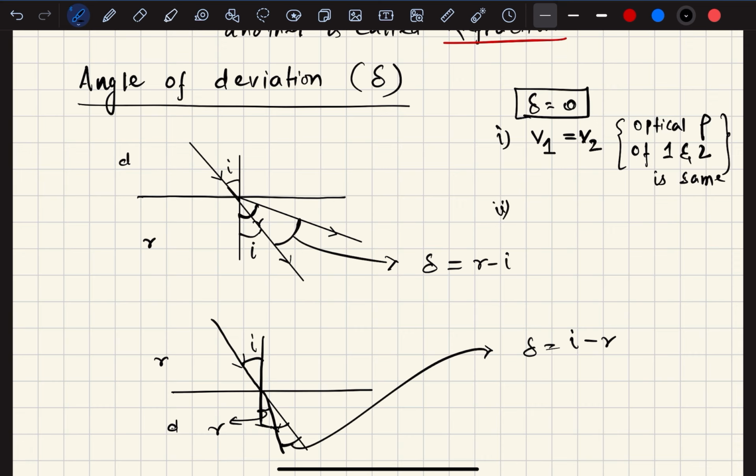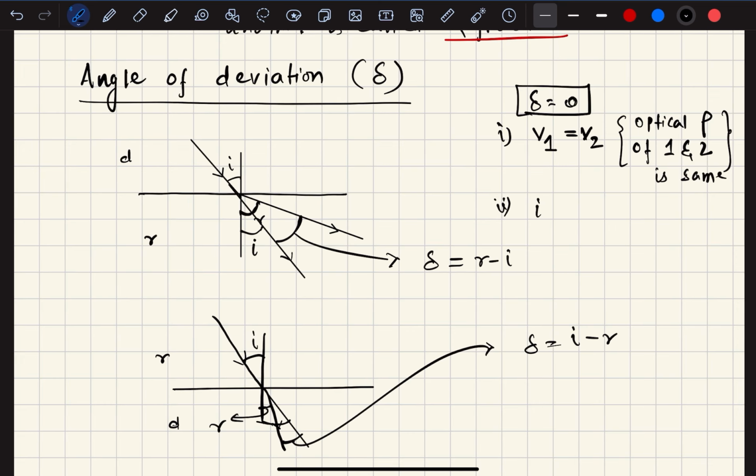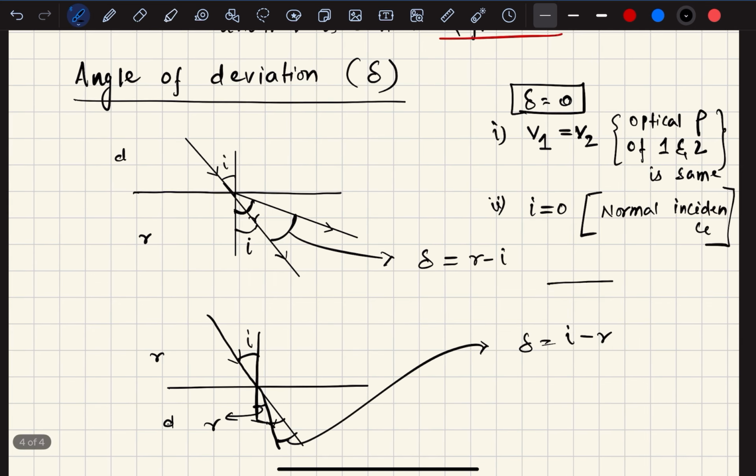And then what is the other case? Other case is when angle of incidence is 0. This is also called as normal incidence. What do you mean by that? Normal incidence. Many a time students make a mistake. They think normal incidence means angle of incidence is 90 degree.